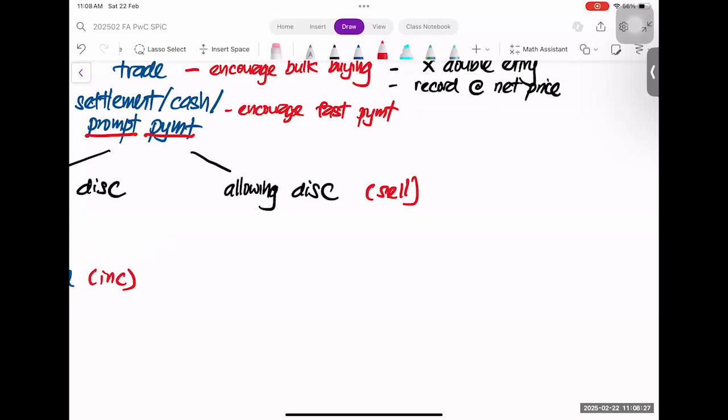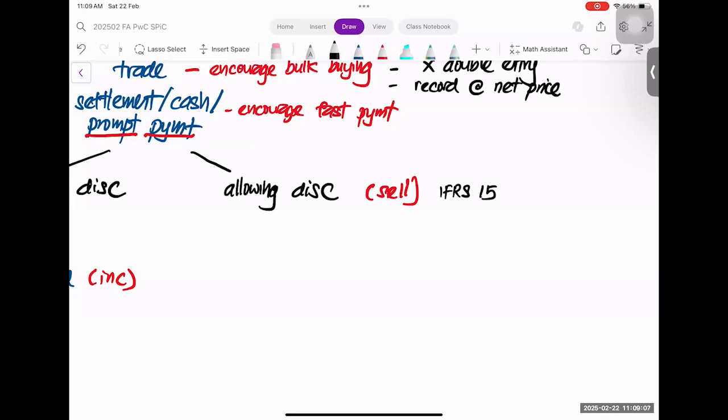Allowing discount. I believe you guys have seen the word accounting standards. So accounting standards is basically like the Bible of financial accounting. It provides guidance to tell you for every particular transaction, how should you record it. So based on this accounting standard called IFRS 15, which you are not going to learn in detail yet, it's a very complicated standard, so I also don't want to go too much into detail.